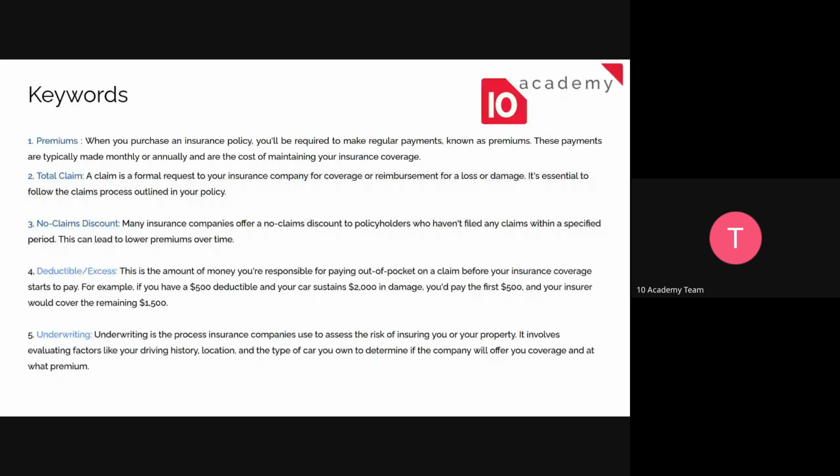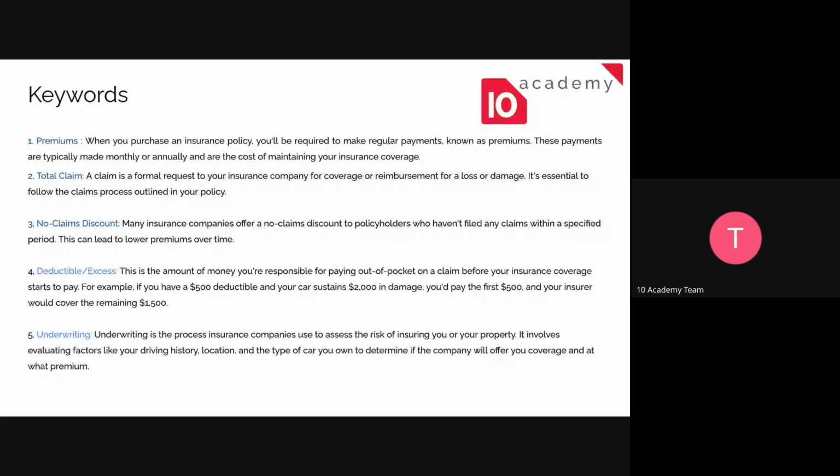This is, briefly, what you are going to do: underwriting, assessing people to see if they deserve to be part of the company, and at what premium they need to be part of the insured people by your company. In our case, it will depend on the previous data that we have. So that is what we call underwriting.